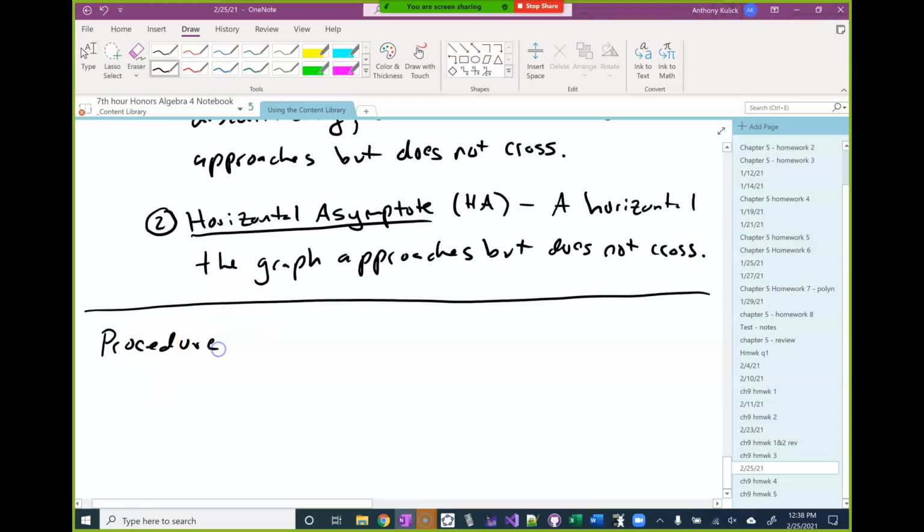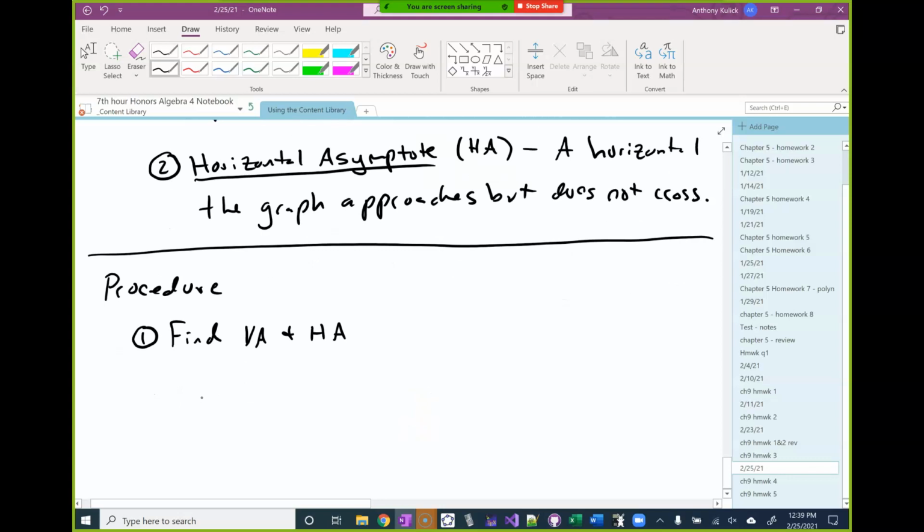So the first thing we need to do is identify the vertical and horizontal asymptotes. So if we're in that first form, the vertical asymptote is just x equals h, and the horizontal asymptote is just y equals k.